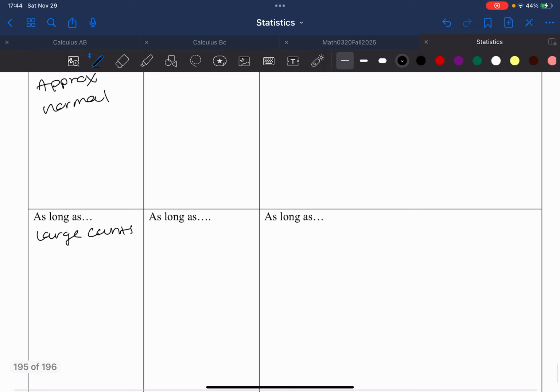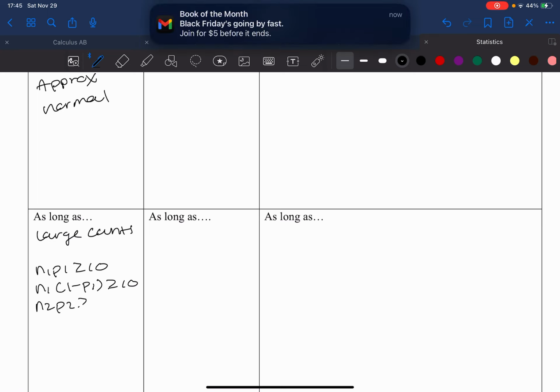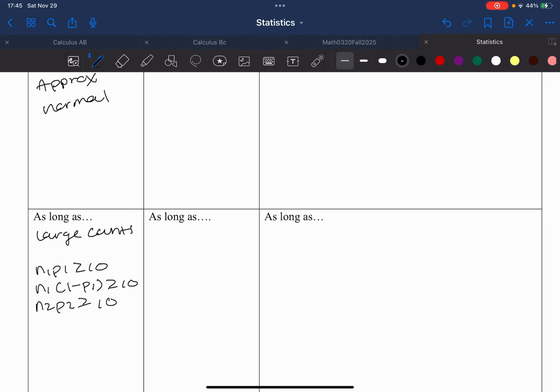That is, we have N1 times P1 is greater than or equal to 10, N1 times 1 minus P1 is greater than or equal to 10, N2 times P2 is greater than or equal to 10, and N2 times 1 minus P2 is greater than or equal to 10. All of those have to be satisfied.